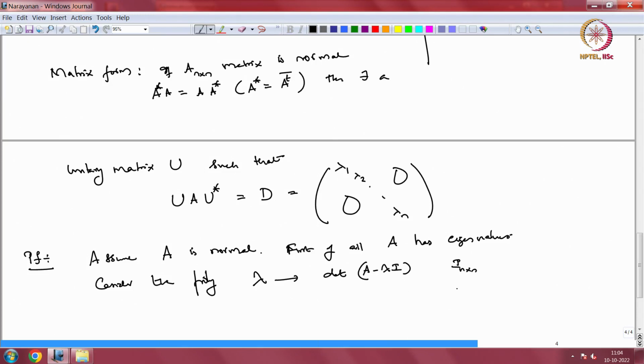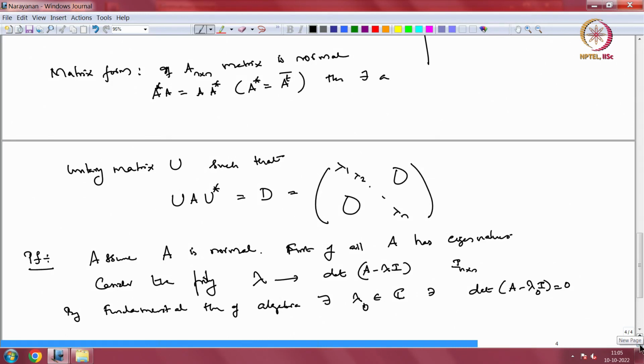So, this is a polynomial, and so by the fundamental theorem of algebra, there exists lambda naught in the complex plane such that the determinant of A minus lambda naught I, that is the polynomial evaluated at lambda naught, is 0, right. So, any polynomial has a 0, that is what the fundamental theorem of algebra will tell you.